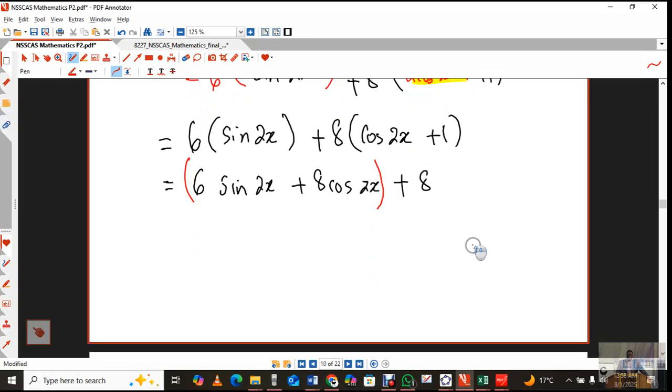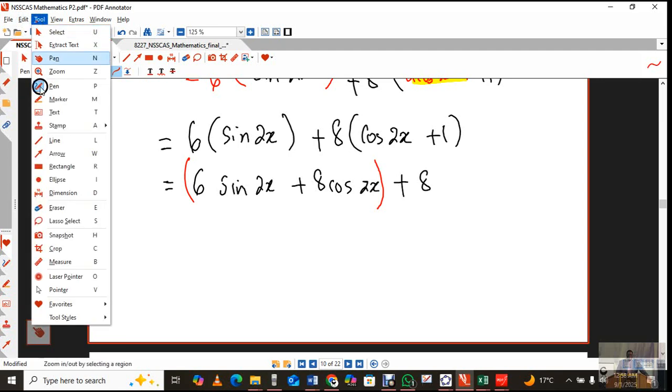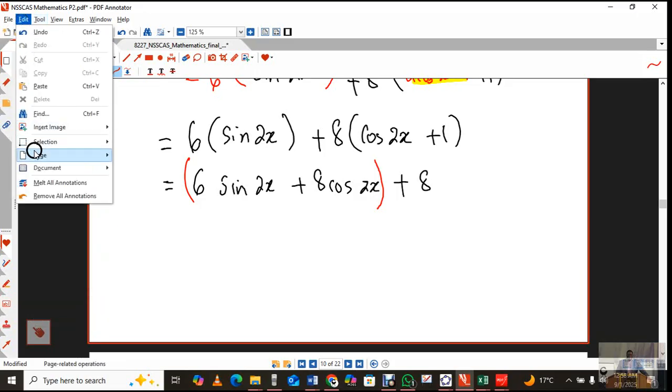Now let's just compare what we have. I should add a page for you to see what it is that I'm about to do. I can actually calculate my R already.